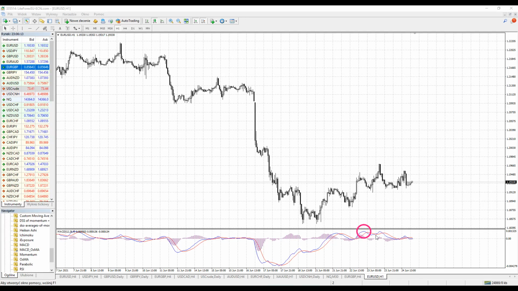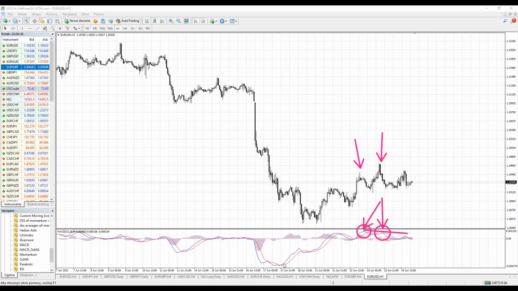So here and here, there is a high, then there is a lower high when it comes to the MACD, all right, followed by the high and higher high on the euro dollar, all right.